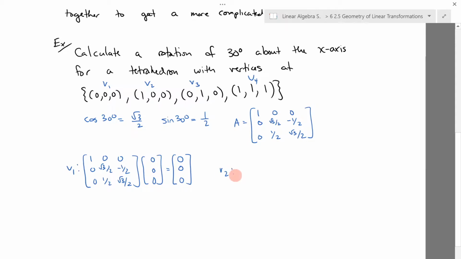Now for V2, so 1 times 1 is 1, and then this 2 by 2 matrix only multiplies these two coordinates, but this is 0, 0, so this would be 0, 0.